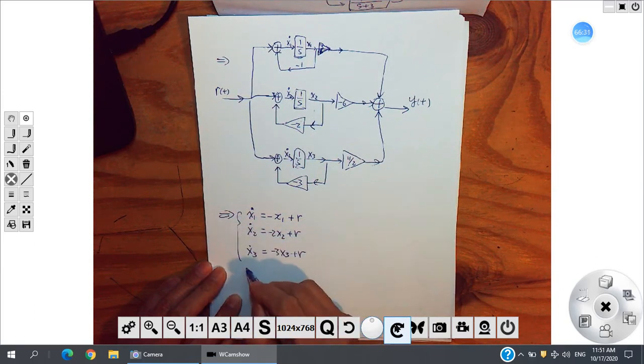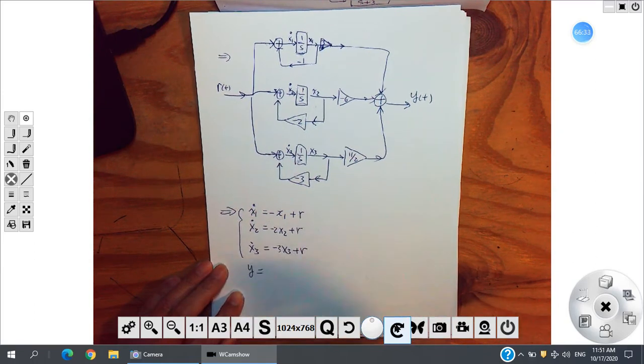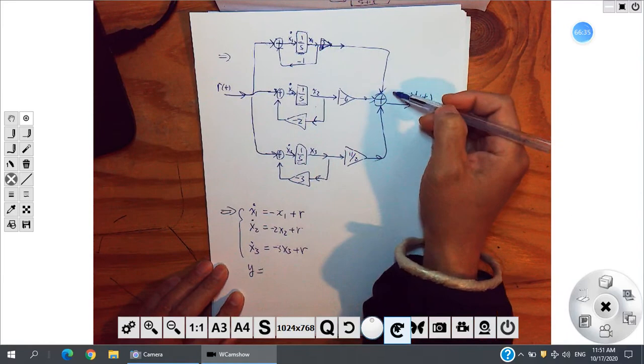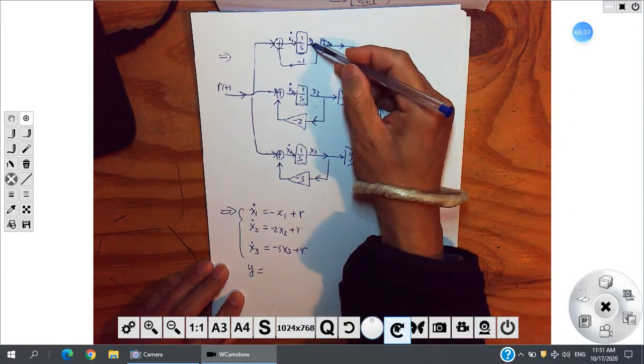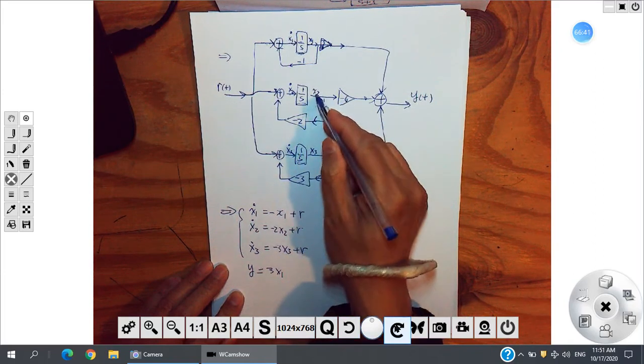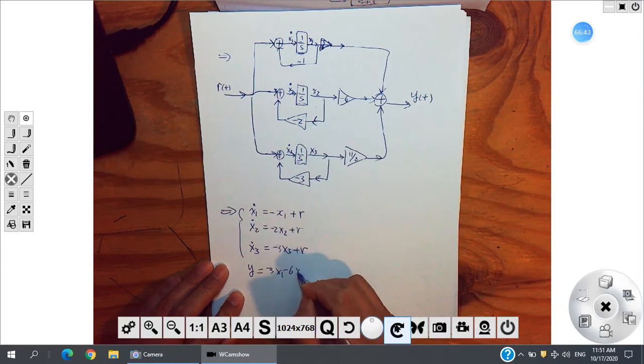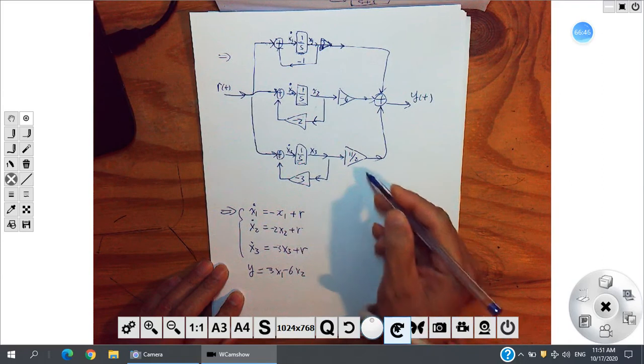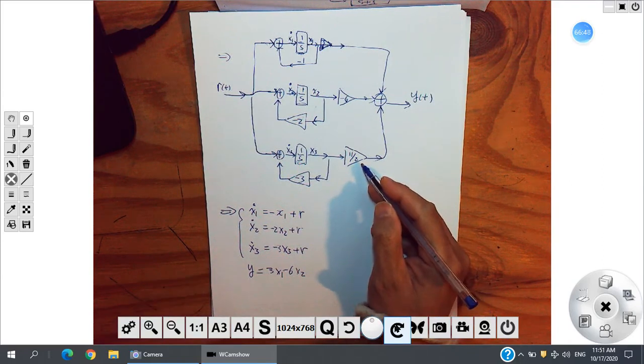And output y equals 3 of x1 minus 6 of x2 and plus 11 over 2 times x3.